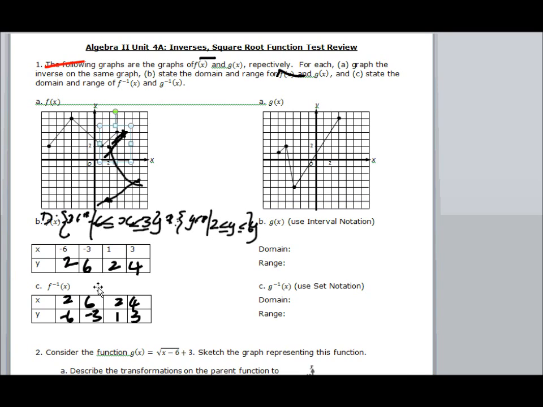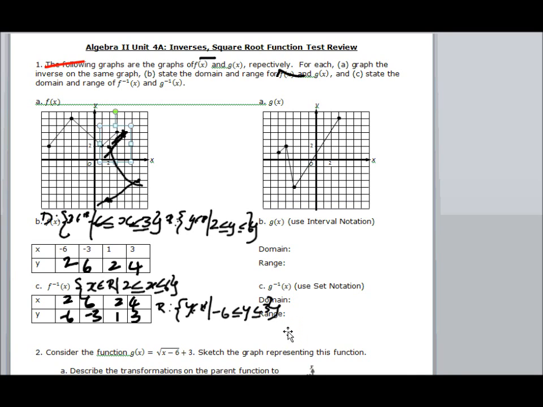That's it. Now for f inverse of x, your domain becomes the range of f of x. So it's just the same thing. You just switch your x and y. So x belongs to R such that x lies between 2 and 6, and the range is y belongs to R such that negative 6 is less than or equal to y is less than or equal to 3.